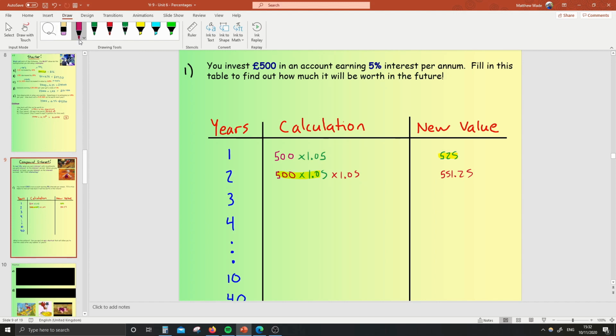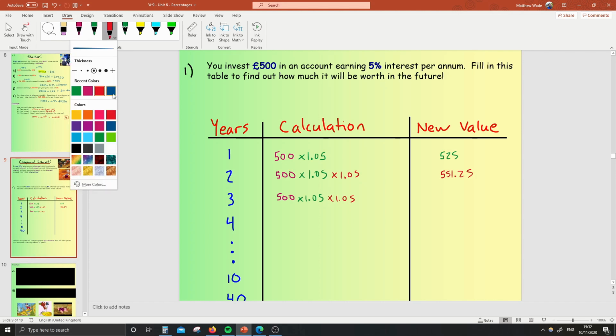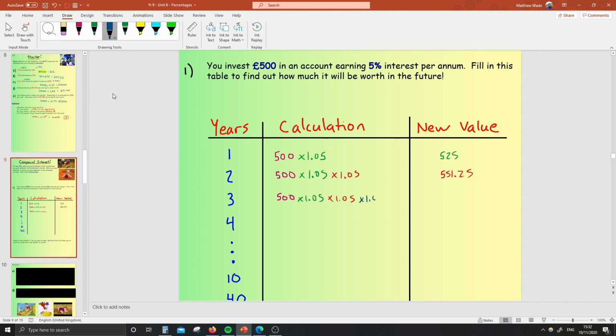551.25. Cool, the end of the third year. Well, here's what I'm going to do, buddies. I'm going to erase the highlighting first. There it is. Okay. Now in the third year, here's what we've got. We've got the original 500. It was times by 1.05 from the first year. And then it was also times by 1.05 to the second year, and now it's also going to have to be times by 1.05 again for the year that we're on, because that's the same as 551.25, which is the first 3 things equals that.